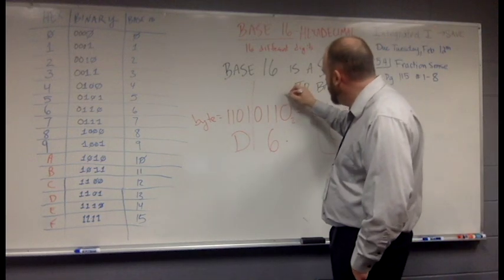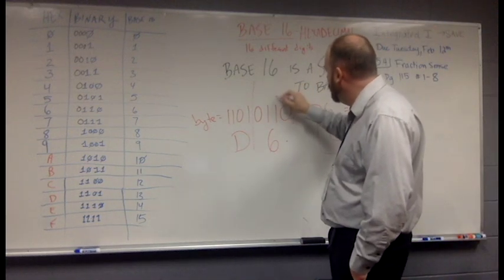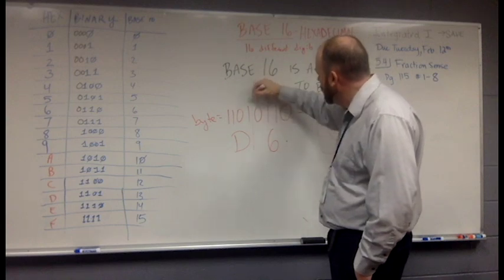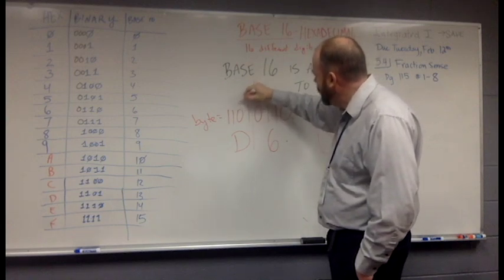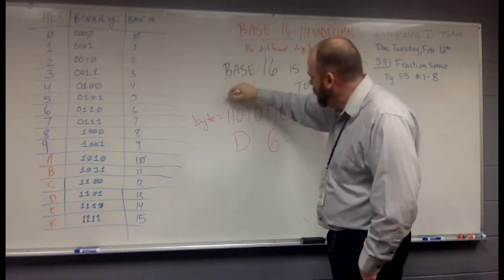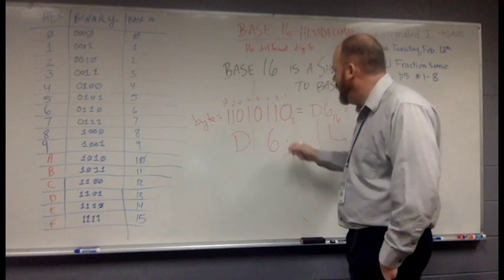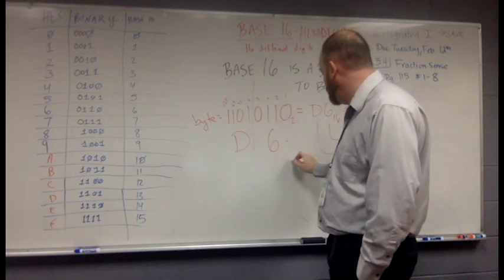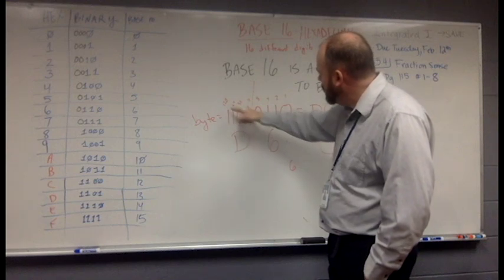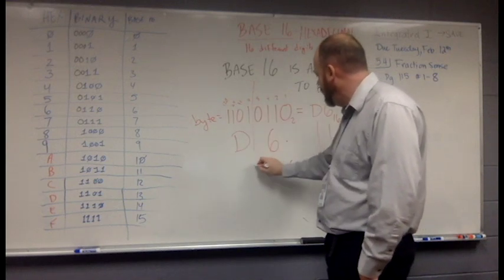I am just going to go back over to my binary and go 1, 2, 4, 8, 16, 32, 64, 128. And I am going to add 128, 64, and 16.